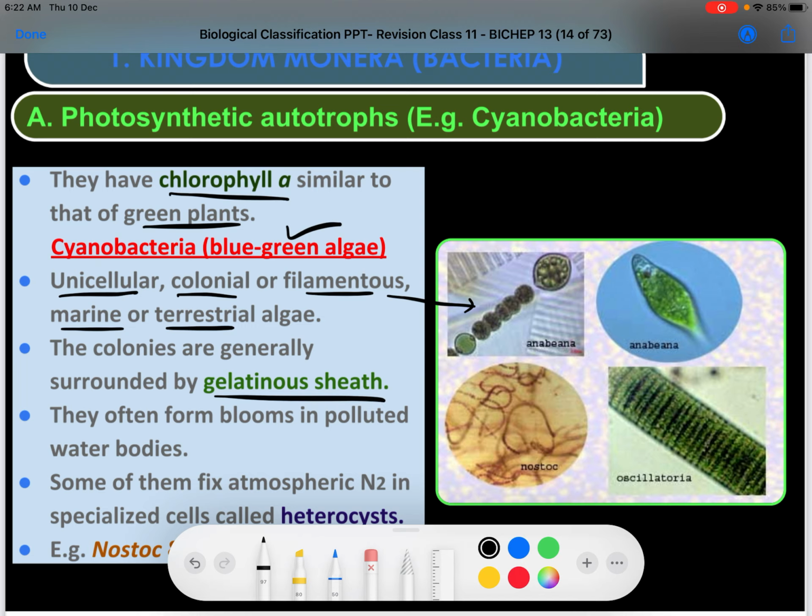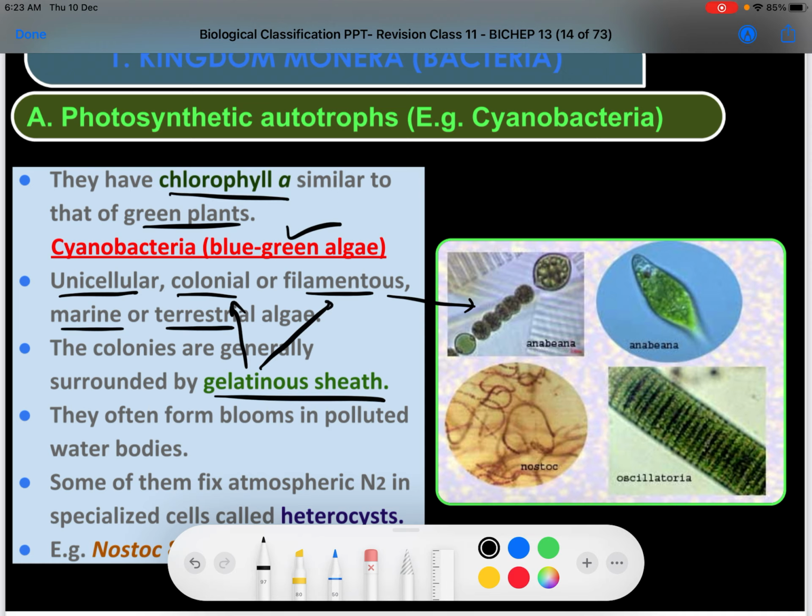It is gelatinous, meaning it is a very sticky substance around us, so they can join together to form either colonial form or filamentous form. So the gelatinous layer makes it possible.